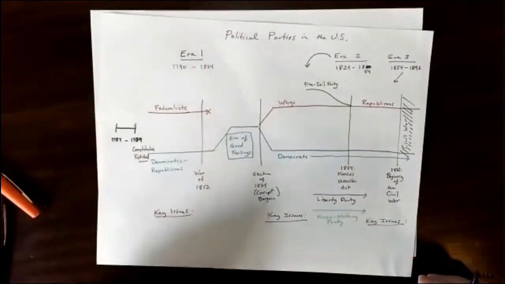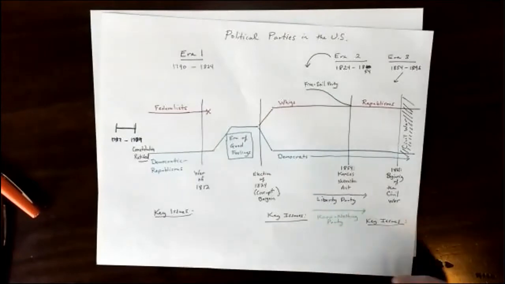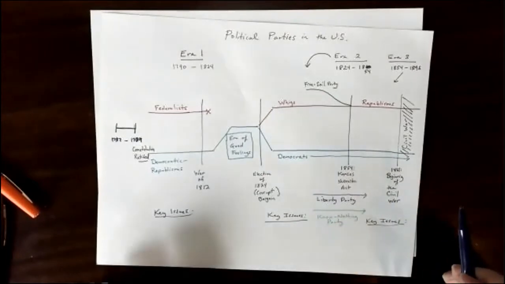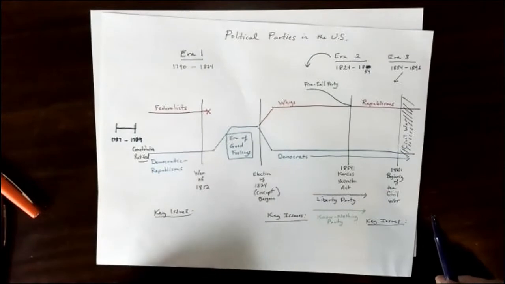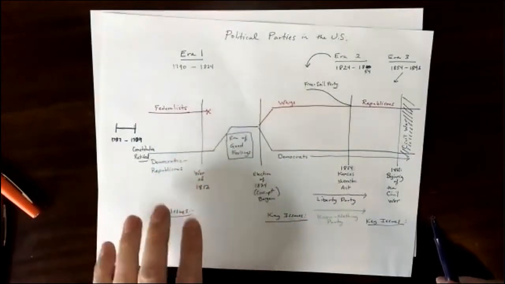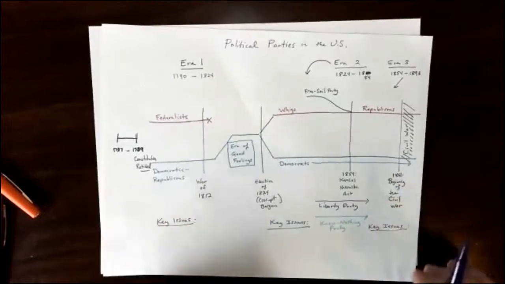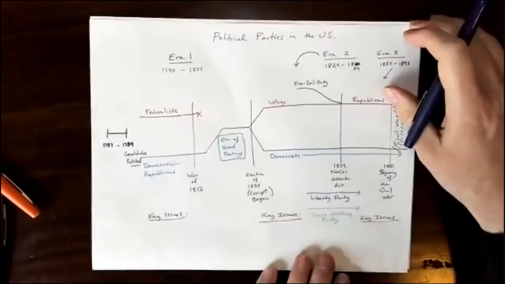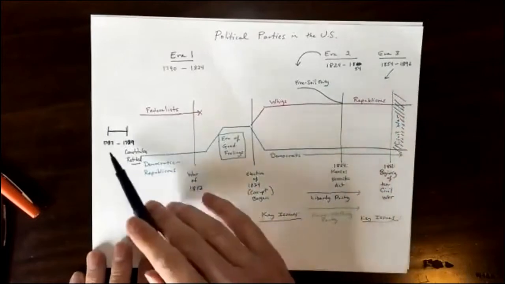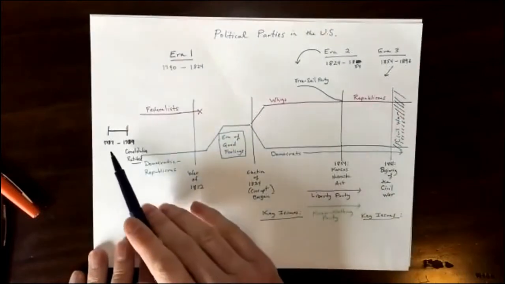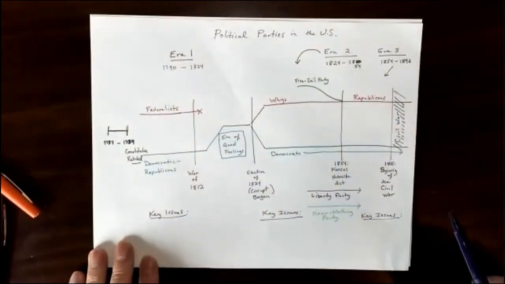Now we're starting at this time period because this is before political parties actually began. We want to acknowledge that political parties start with the Constitution, but that doesn't mean that there weren't political disagreements before the Constitution. And so 1787 to 1789 is the era of the development of the Constitution.